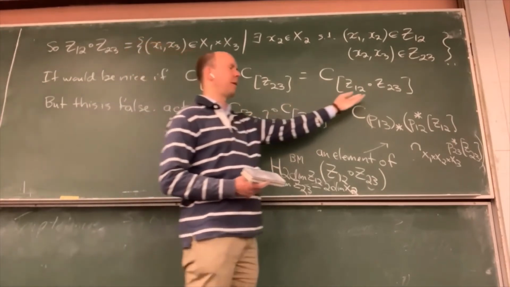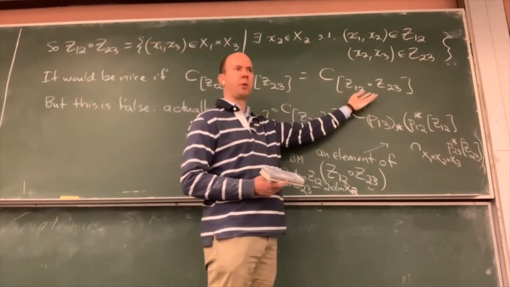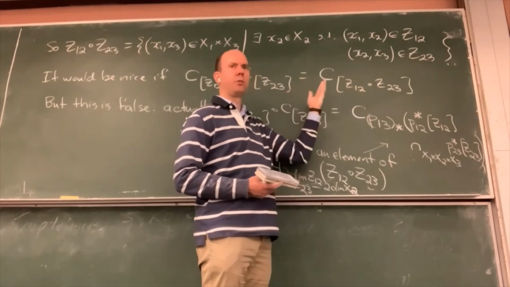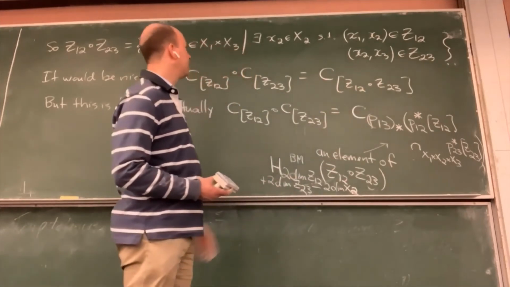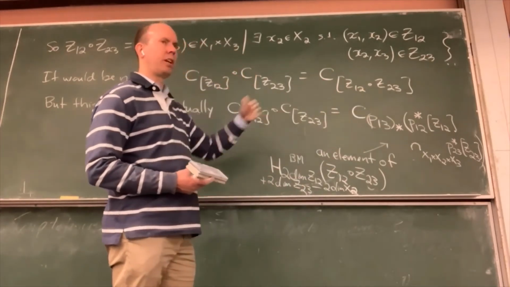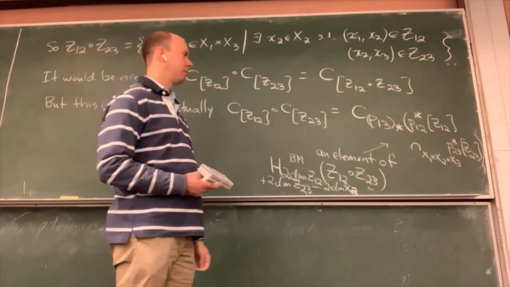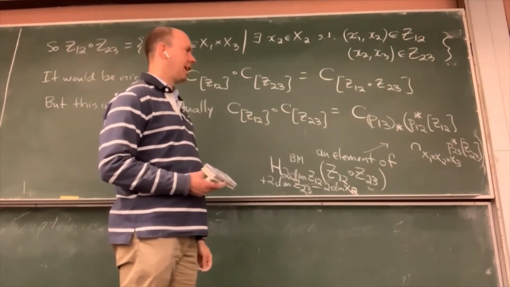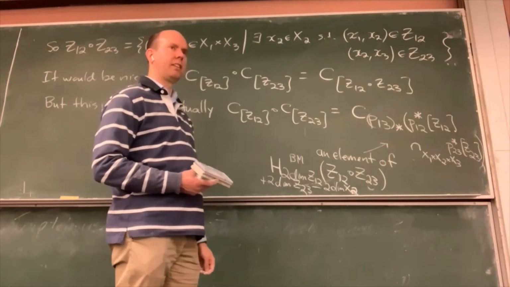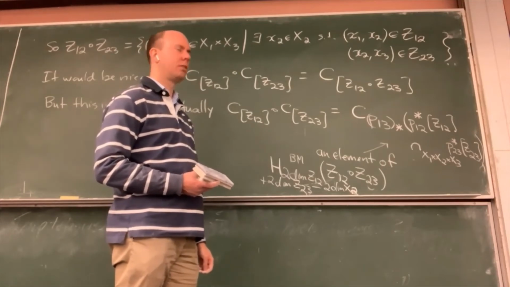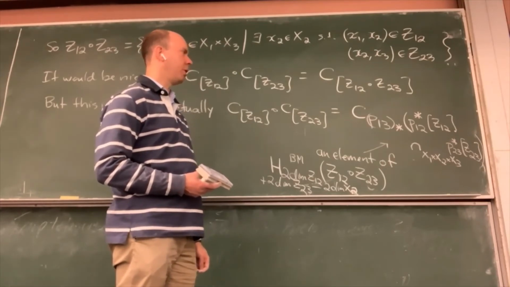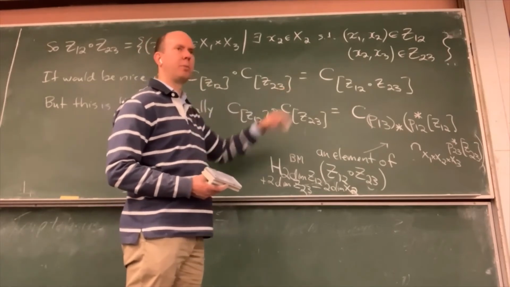Then this will be the graph of the map from X3 to X1, obtained by composing them. So in that case, it's true. That's a case where the projection P13 from the fiber product is just an isomorphism. But I can't think of any other cases where that would be true. No other examples where this holds would spring to mind.